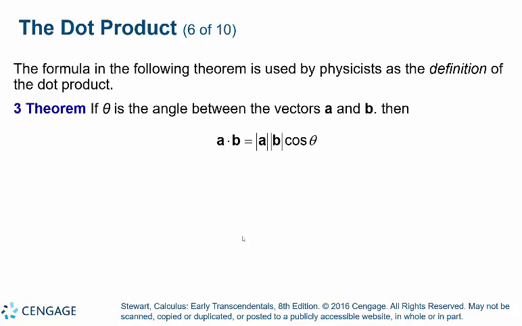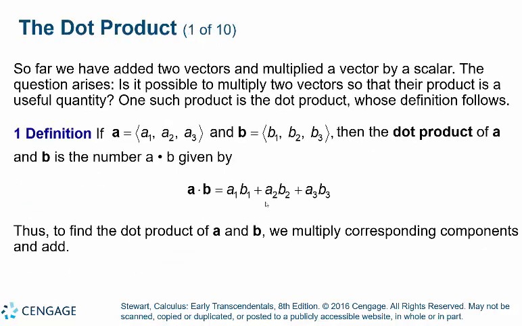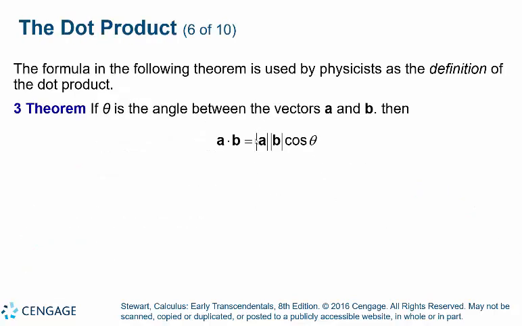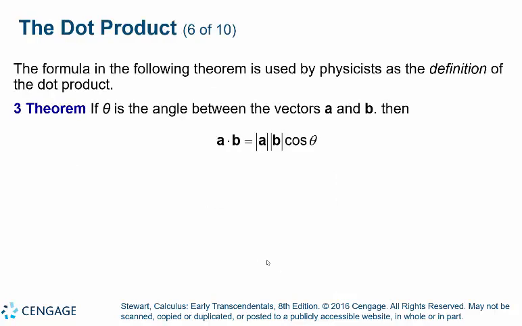If theta is an angle between the vectors A and B, then the dot product of A with B will always be the same as the magnitude of A times the magnitude of B times the cosine of theta. So if the vectors A and B have lengths 4 and 6 and the angle between them is pi over 3, let's find the dot product of A and B using this theorem.